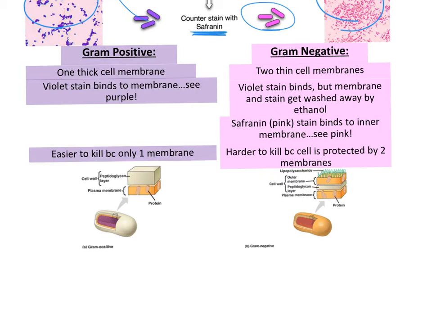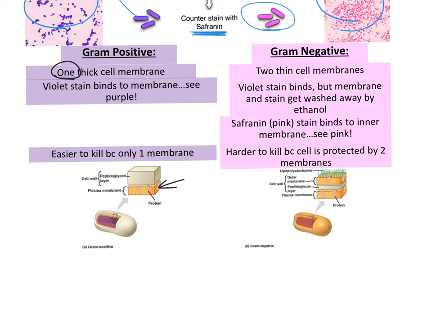So what this tells us, to bring us back full circle to the beginning, is a little bit about the cell membrane of the cell. Some bacteria cells have one membrane around them, and some bacteria cells have two membranes around them. So a Gram positive cell has one cell membrane around it, which is shown here by this orange layer.